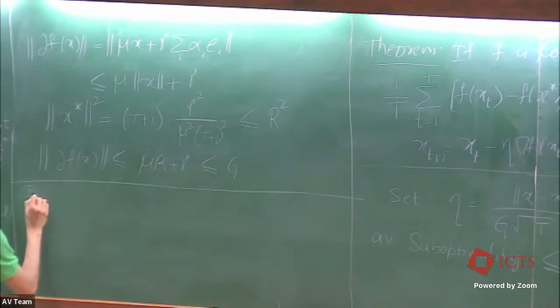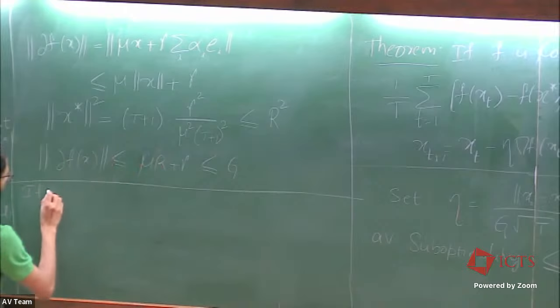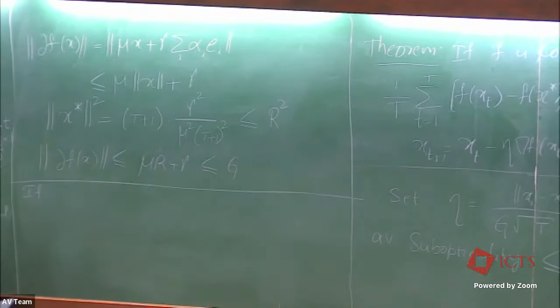So we assume that x0 equals 0. Again, if x0 is different, it doesn't matter, because it's something that the algorithm is doing without even looking at the function, right?